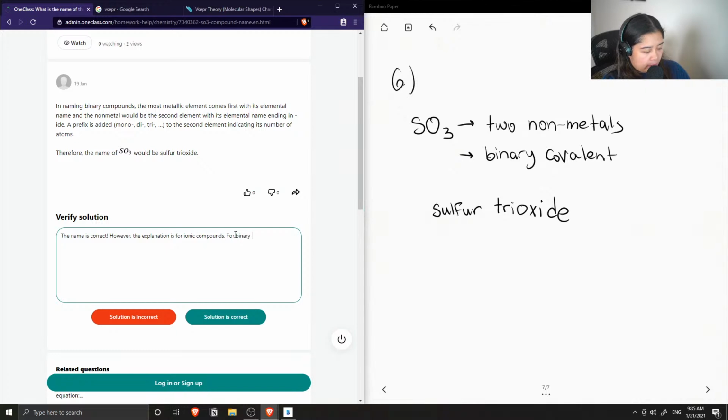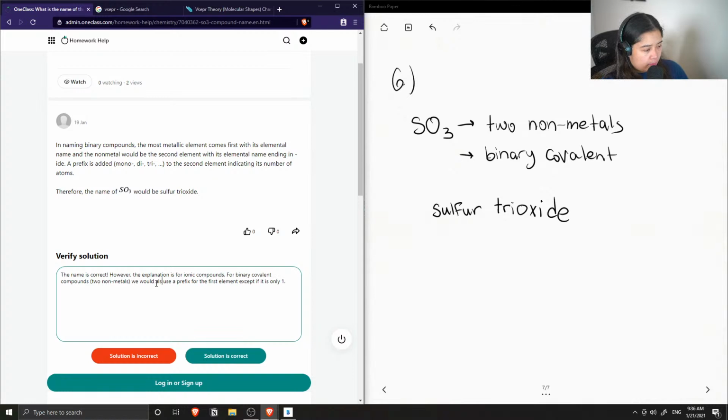For binary covalent, we would use a prefix for the first element, except if it is 1, or except if there is only one.